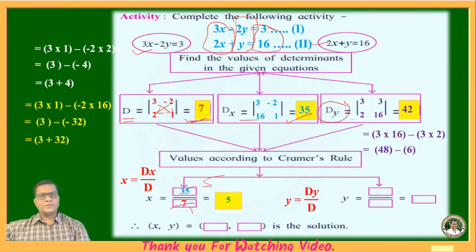Substitute the values of dy and d, that is 42 upon 7, and simplify this, 7 ones are 7, 7 sixes are 42. Therefore here the answer will become 6. Therefore (x, y) equal to (5, 6) is the solution of the given simultaneous equations.